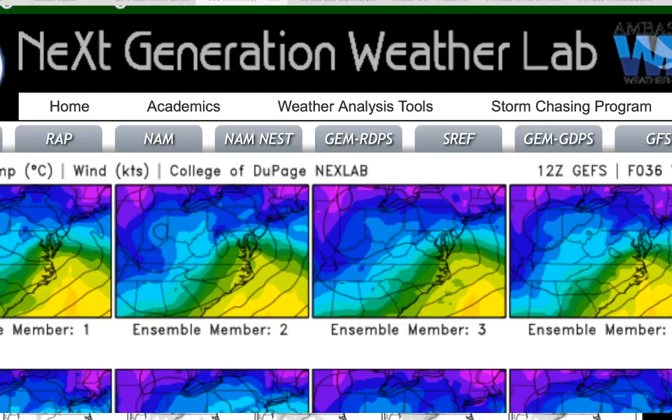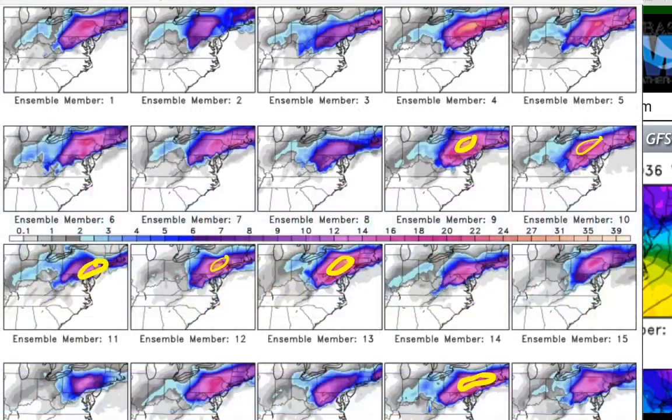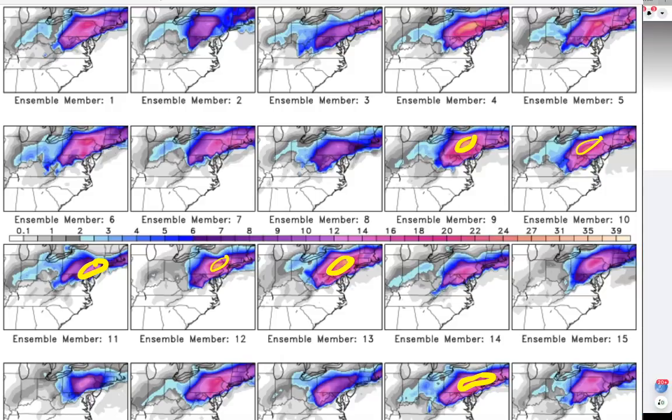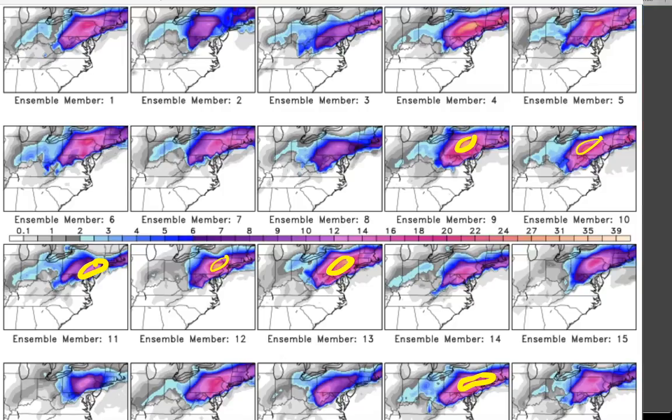So first, let's break down the evolution of this system from Oklahoma to the northeast. This is the latest GFS run here.